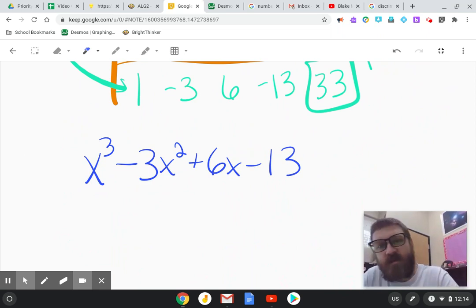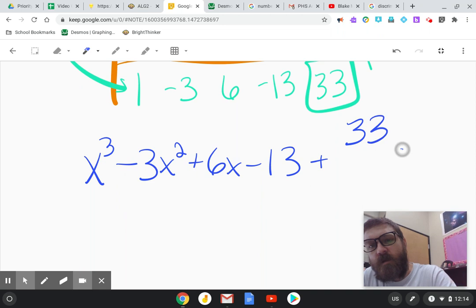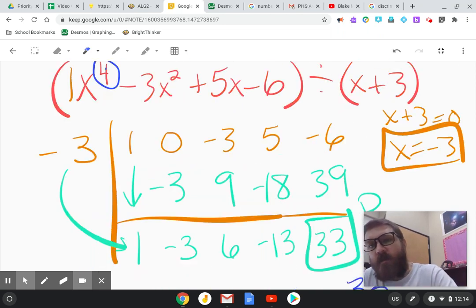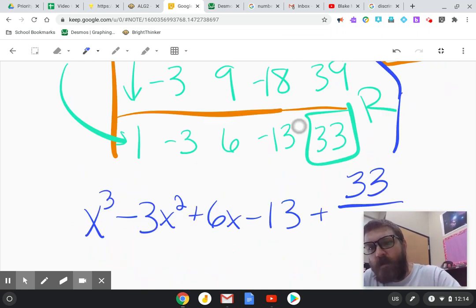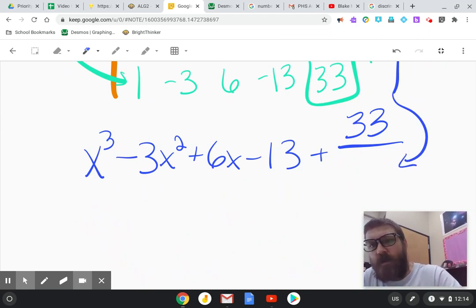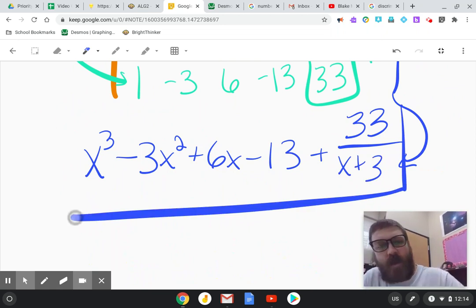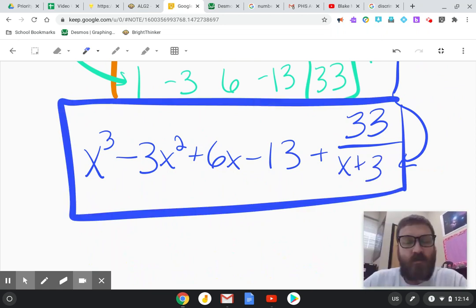So we got down to our constant term, and then our last step is to do plus 33 divided by my original divisor, x plus 3. And so that would be the final answer for that problem.